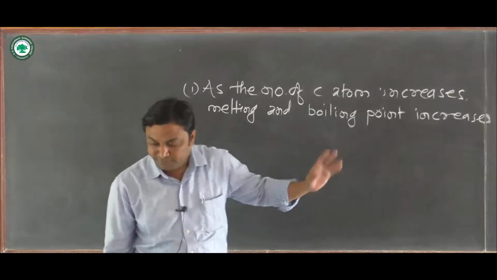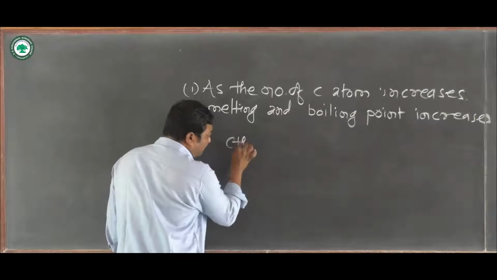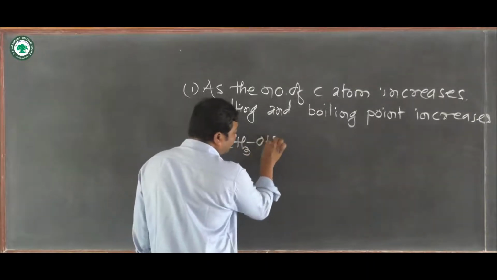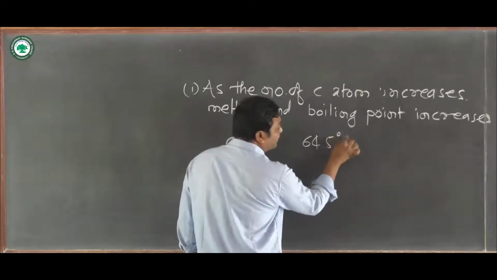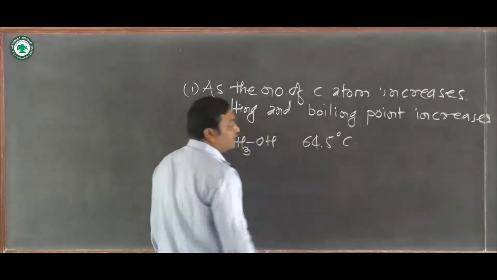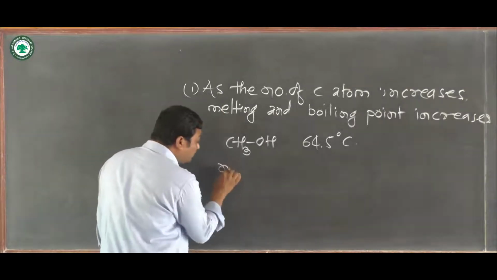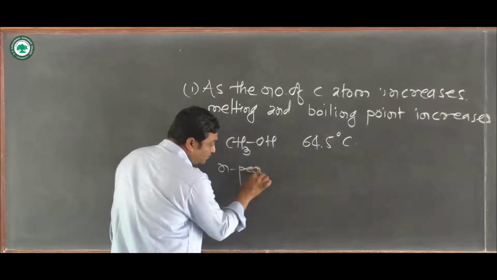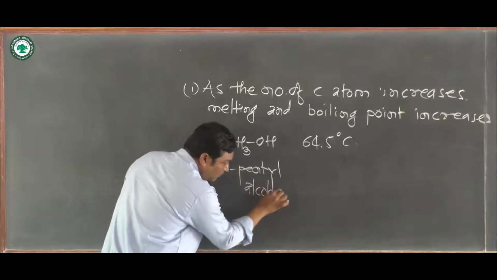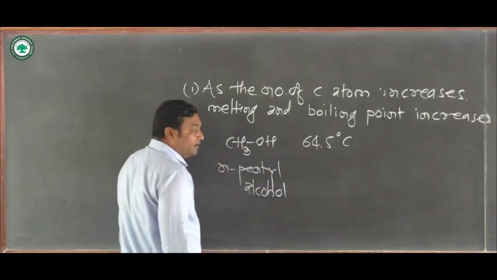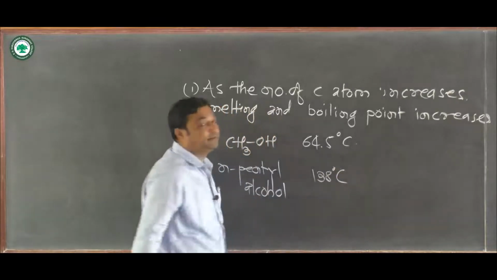For example, the boiling point of methyl alcohol is 64.5 degrees Celsius. Whereas when we determine the boiling point of n-pentyl alcohol, it arises as 138 degrees Celsius.